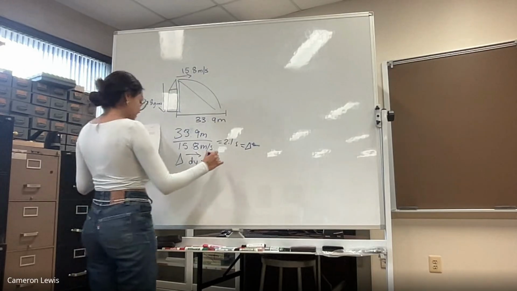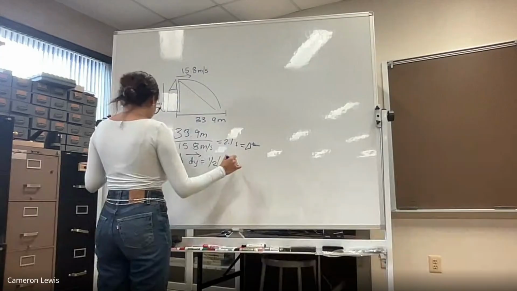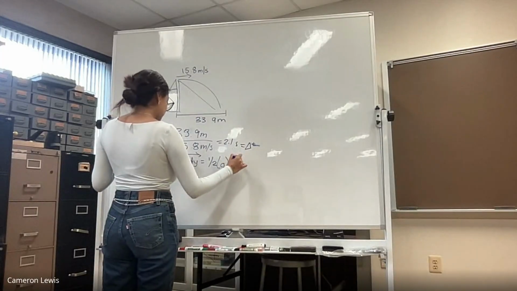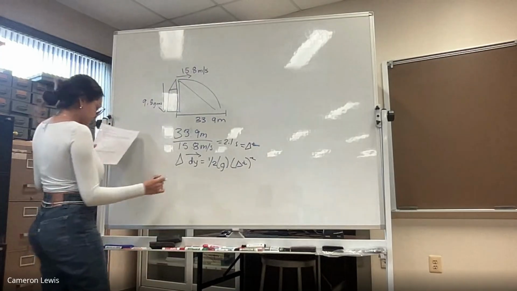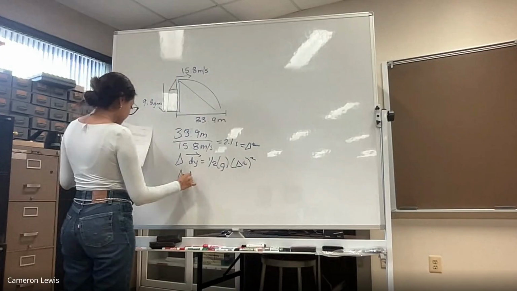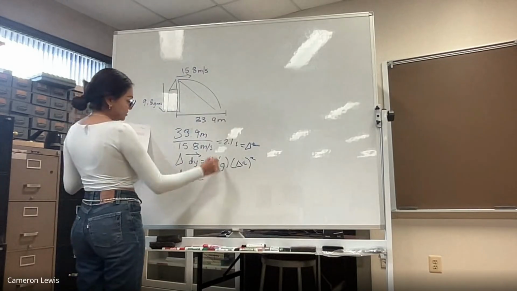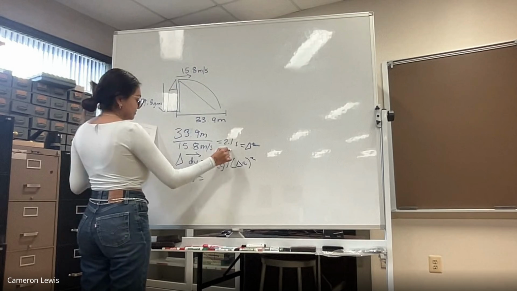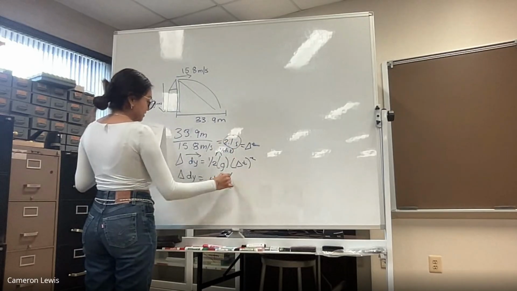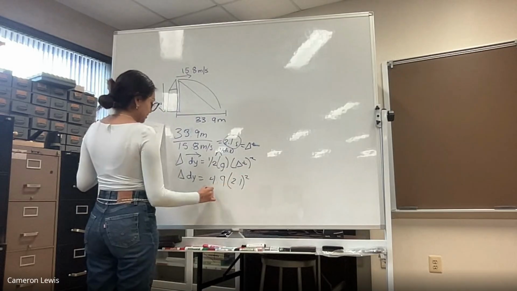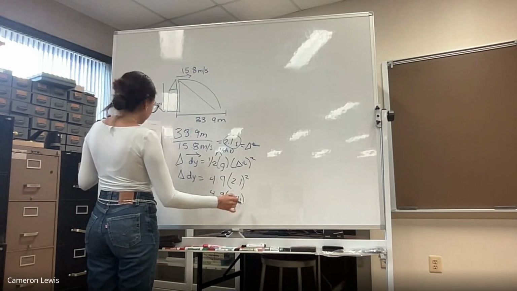which is going to be half of the gravity, times time. The way I do it, I already know that half of gravity is 4.9, so I just skip to 4.9 times what we already have, the 2.1 squared, which is going to equal 4.9 times 4.41.